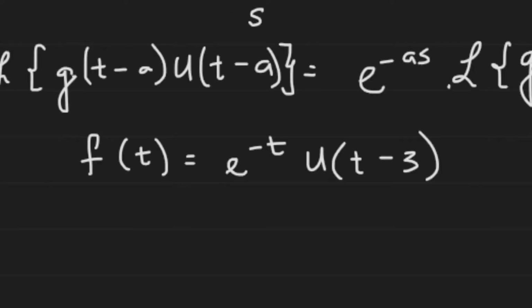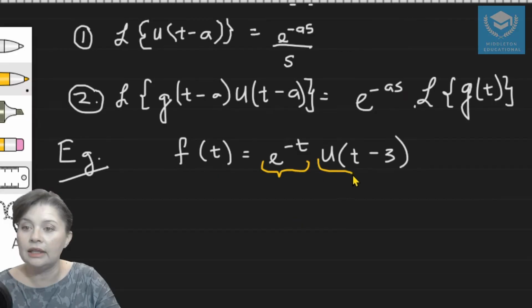If we look at our example, the first thing you want to know is what is your function made up of. So f of t in this case is a function e to the power minus t times your Heaviside step function. So you have a function multiplied by the Heaviside step function there.